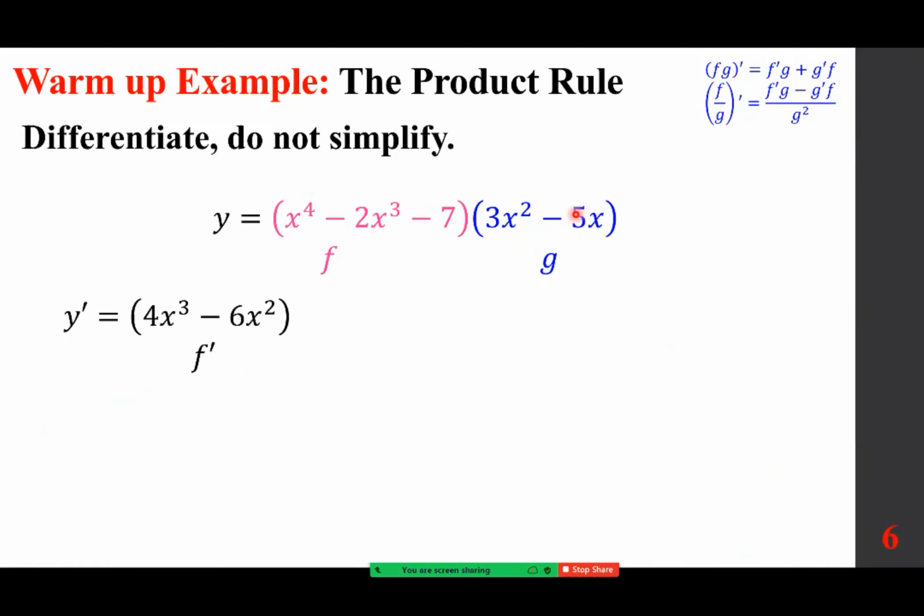And I have to multiply it by G, so simply put the G next to it. Plus G prime F. So here's the G function. G prime is 6x minus 5.